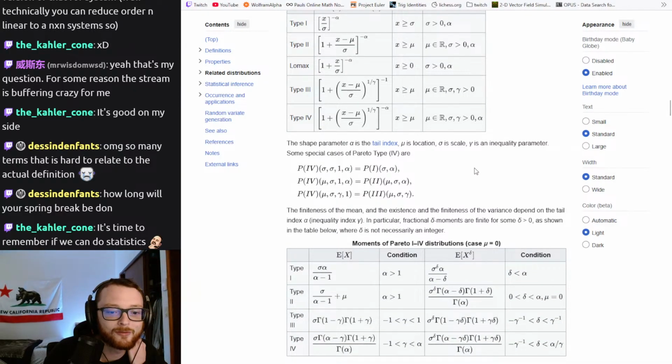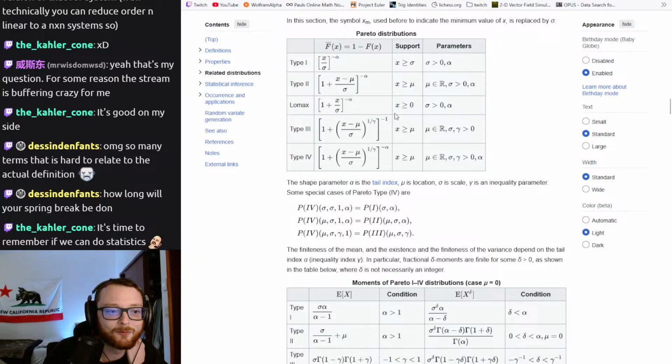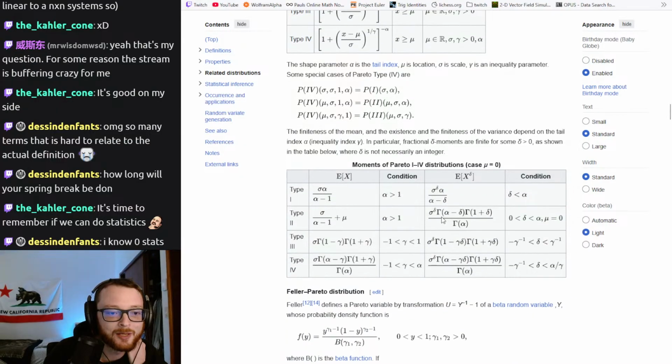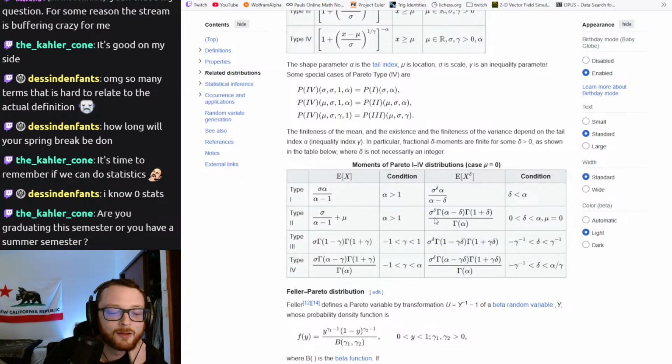I haven't done the Pareto distribution, but I did do one class in calculus based statistics. I should theoretically know something about this. We go by quarters, so this quarter goes January to mid-March, and then the next quarter goes from the end of March to the middle of June, and then I graduate.